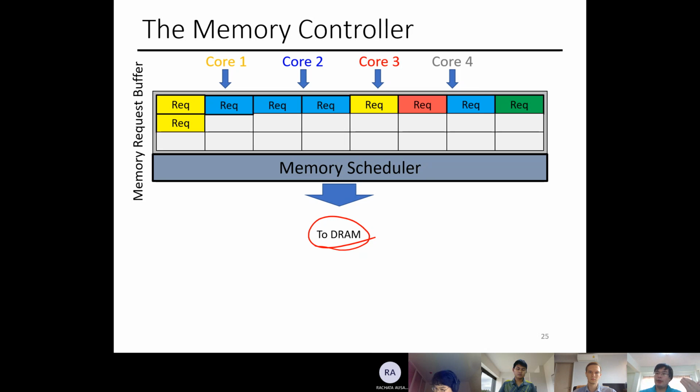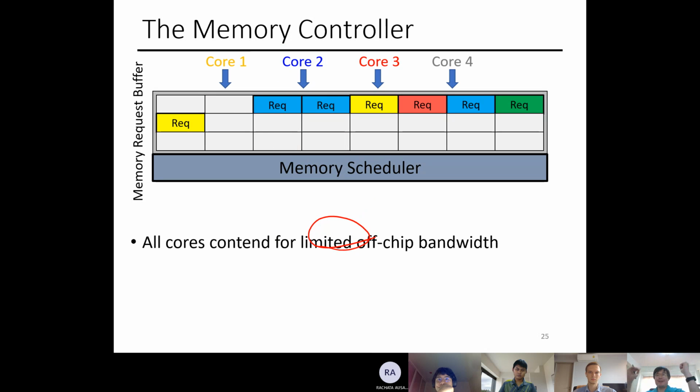And because DRAM is slow, the scheduler's job is basically to pick one of these requests and send it to DRAM so that the data is forwarded back to the core that requested the data. And this will be going on until basically you turn off the computer. Everything here will happen all the time, right? Until you turn off the computer.